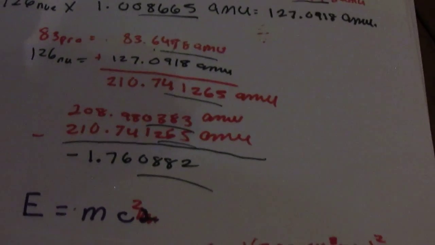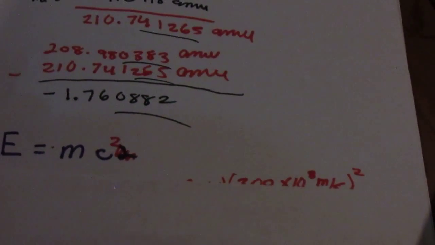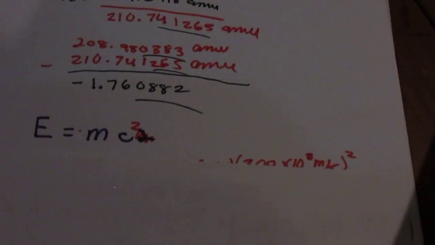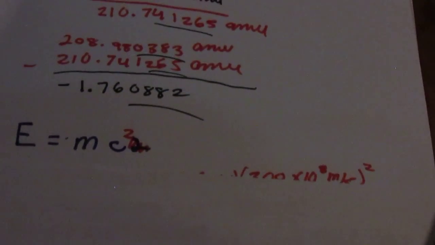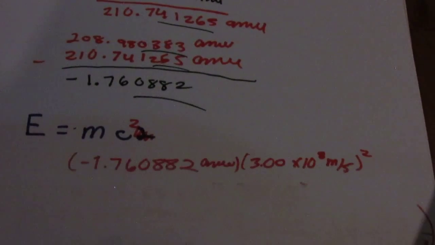Now, using this formula right here, E equals mc squared, the formula that we saw when we were all young in cartoons as a joke, is actually being played in science today. We'll actually use this equation.